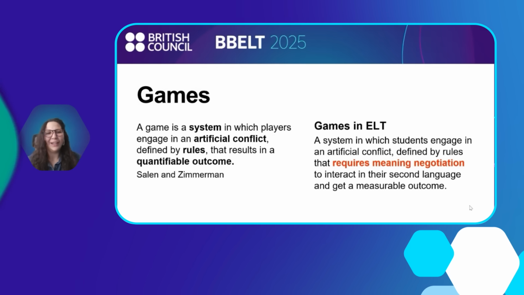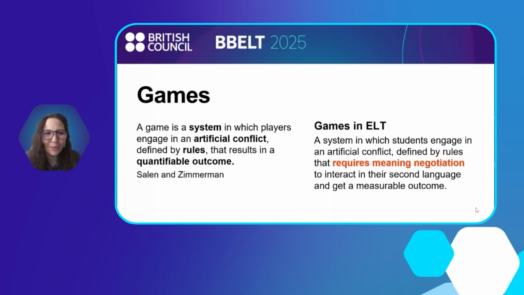Here are two definitions that I want to bring to you. On one hand, we have games in general. Games are systems in which players engage in artificial conflict defined by rules, and that results in a quantifiable outcome. And the definition that I am proposing here is for games specifically for ELT.